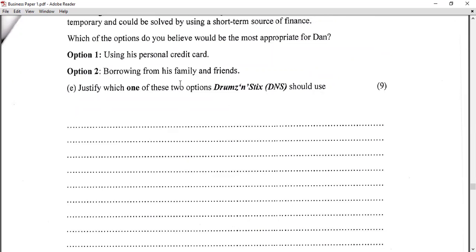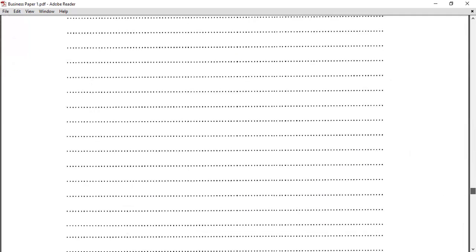The problem with a credit card is the high interest rate, and if you're unable to pay, huge interest has to be paid on time. With friends and family, you can tarnish your reputation, and in the end your relationship can also be damaged. These are the main advantages and disadvantages for this question.